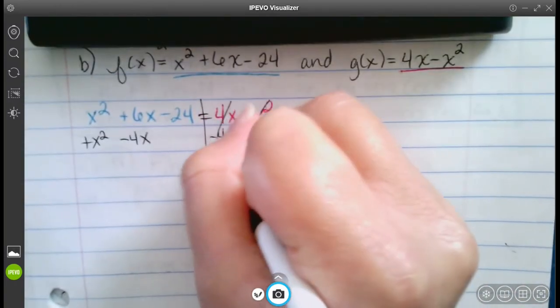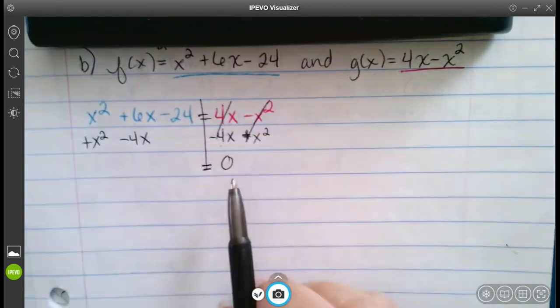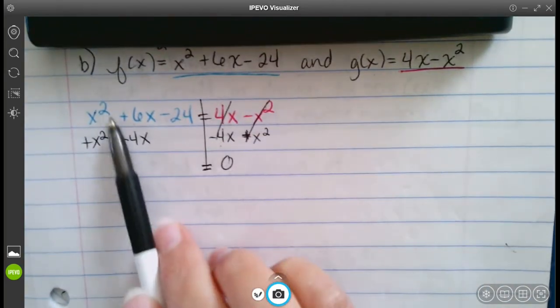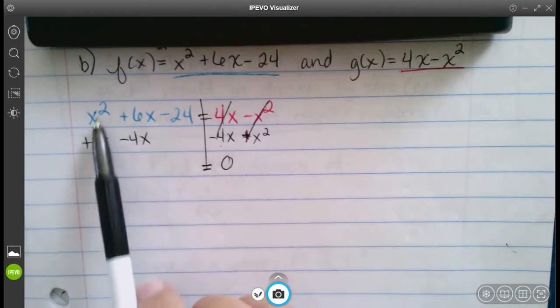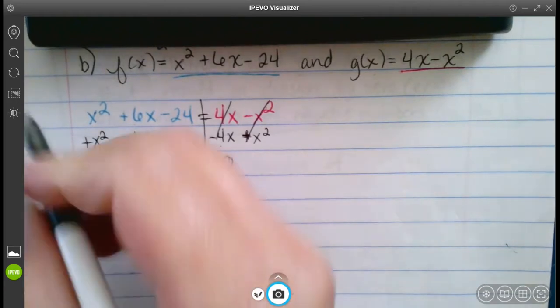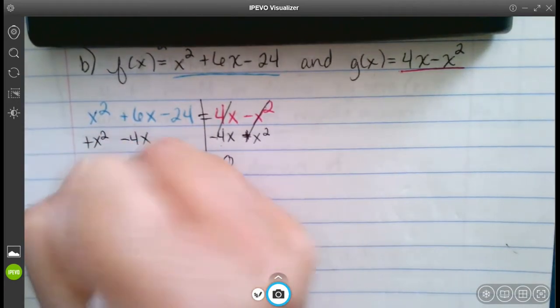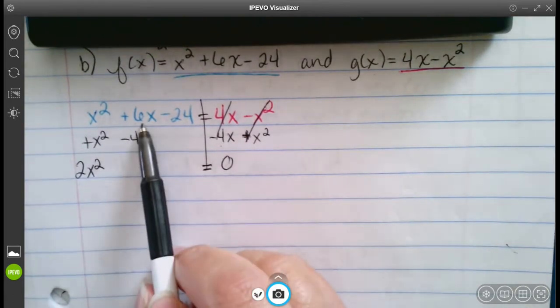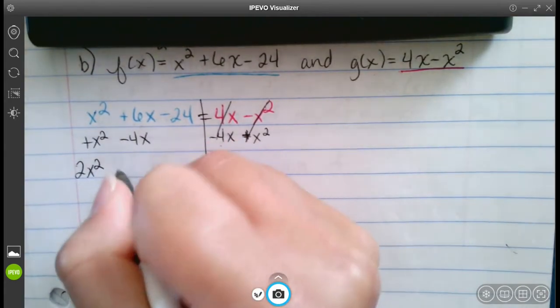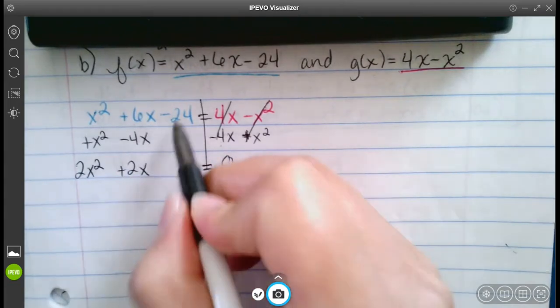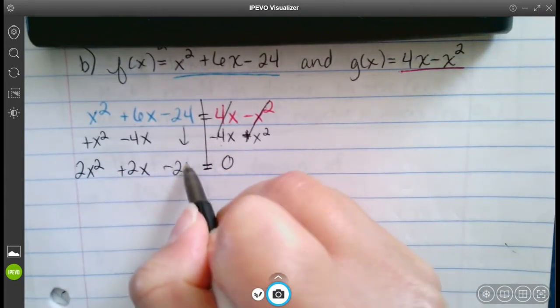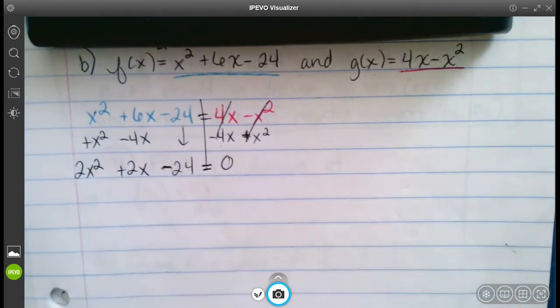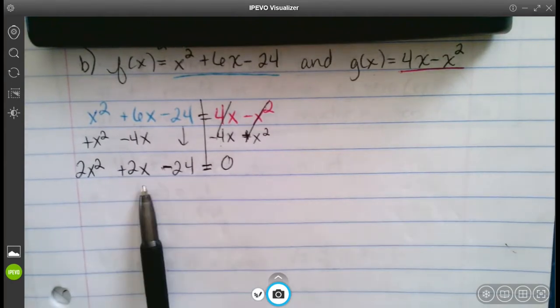So on our second step, we already have that 0 that we wanted. 1x squared plus another x squared is 2x squared. 6x minus 4x is 2x. Bring down that 24. And here is our quadratic.